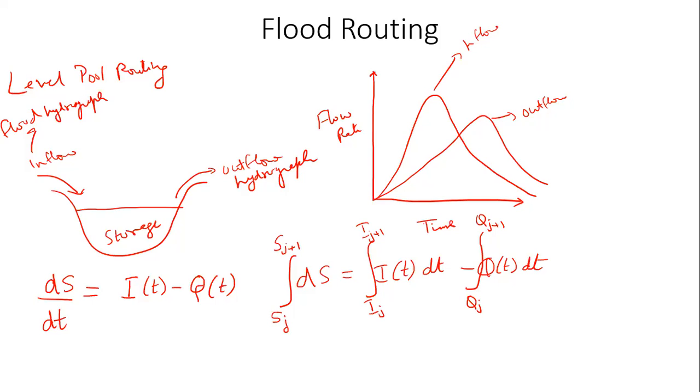At time t equal to 0, you know the storage, you know the incoming flow, you know the outflow. At time j plus 1, you know Ij plus 1 because you know the inflow hydrograph already. Okay, you can estimate what Sj plus 1 will be, and you can estimate what qj plus 1 will be. In fact, there are two unknowns in this equation, right? One is Sj plus 1 and the other is qj plus 1, right? Is this okay? Any questions?